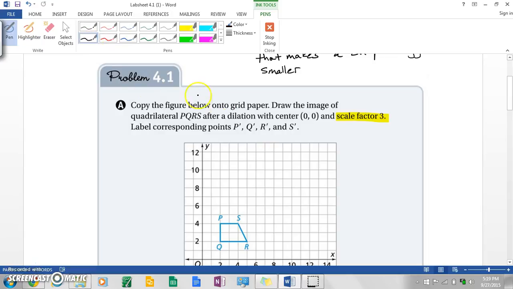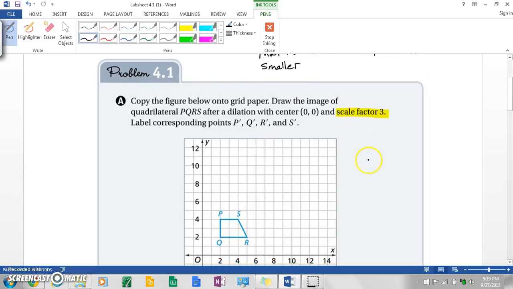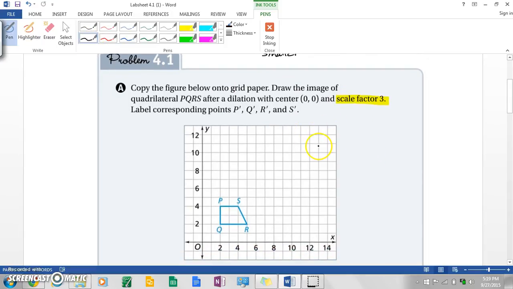The scale factor is key whenever we're doing a dilation because that is going to dictate how much bigger or how much smaller the shape is going to get. When you hear the word scale factor, you should immediately think of the operation of multiplication. Whatever the scale factor is, essentially all we're going to have to do is multiply our original coordinates by that scale factor to get our new image.